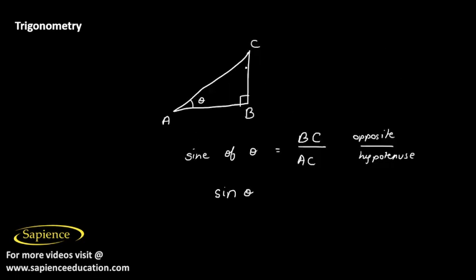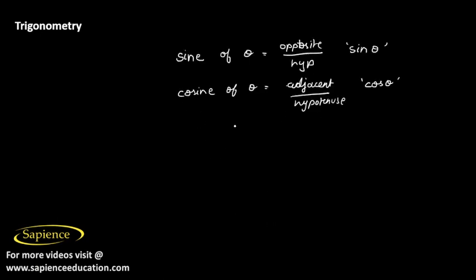So in this triangle, cos theta will be the adjacent side to the angle, so that will be AB, divided by hypotenuse AC. So that is cosine theta.